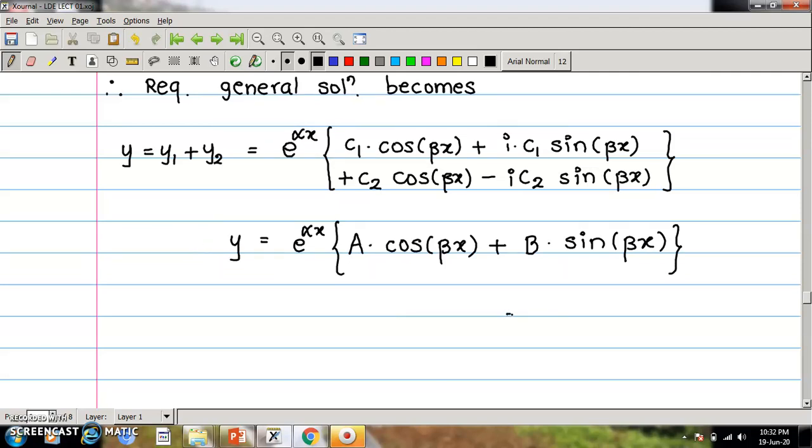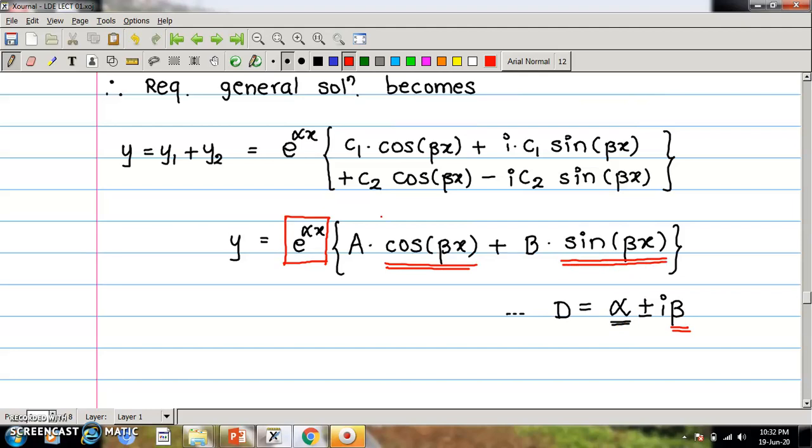So we can identify this as our required complementary function when the roots of the auxiliary equation are alpha plus or minus i beta, where alpha is the real part, which we represent by an exponential function, and beta is the imaginary part, which is represented by a trigonometric function.